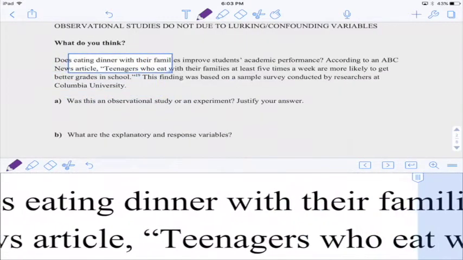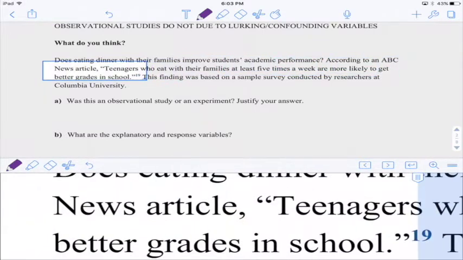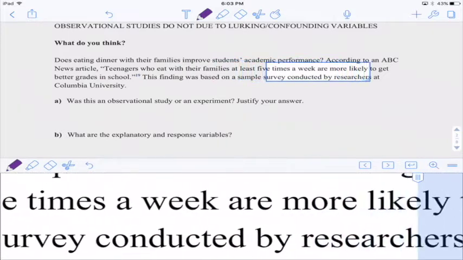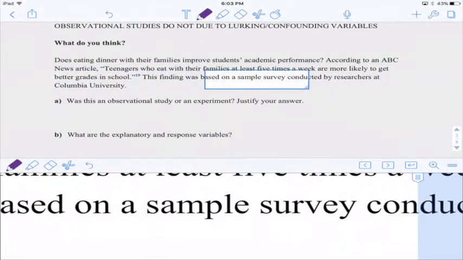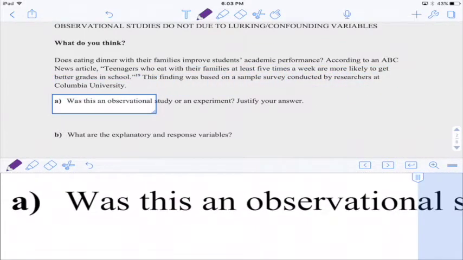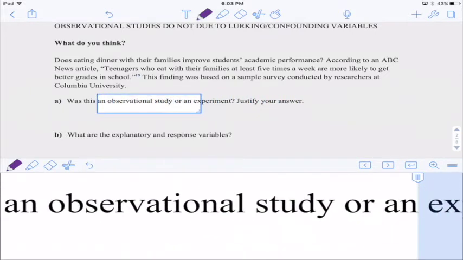Does eating dinner with their families improve students' academic performance? According to an ABC News article, teenagers who eat with their families at least 5 times a week are more likely to get better grades in school. This finding was based on a sample survey conducted by researchers at Columbia University. Was this an observational study or an experiment? Well, this was an observational study as well.